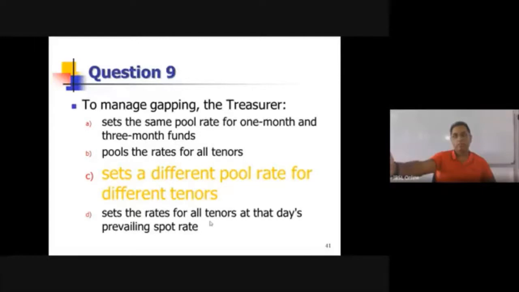He will make sure the lending rate for long term is good to whoever he's lending to. And then he will want to borrow more money on the shorter term, because he feels next time he goes to borrow money, rates will be lower, and he'll make money on that. So because of that, he will use different pool rates for different tenors to do that.